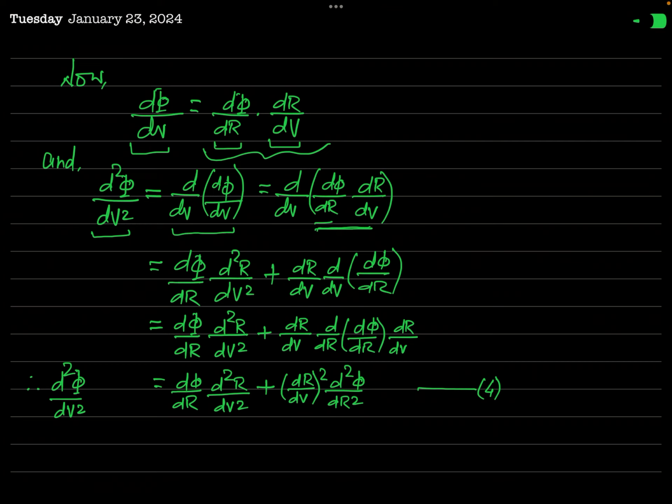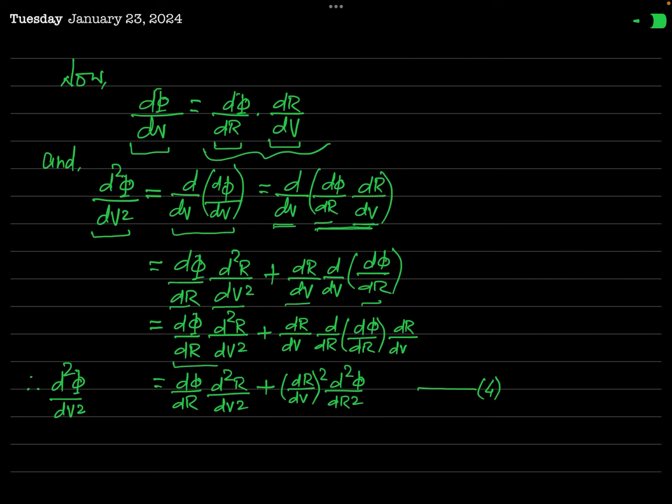When this operator d by dV is operated on the second factor dR by dV, our result will be d phi by dR times d2R by dV square. And plus, now we operate d by dV on d phi by dR and take dR by dV as it is.